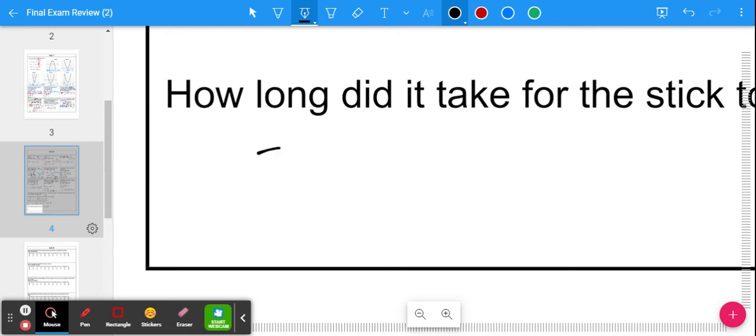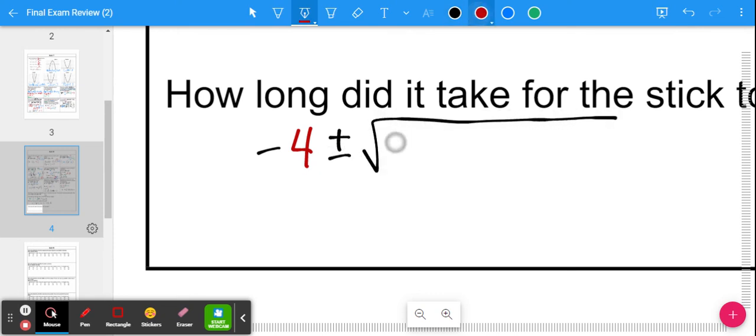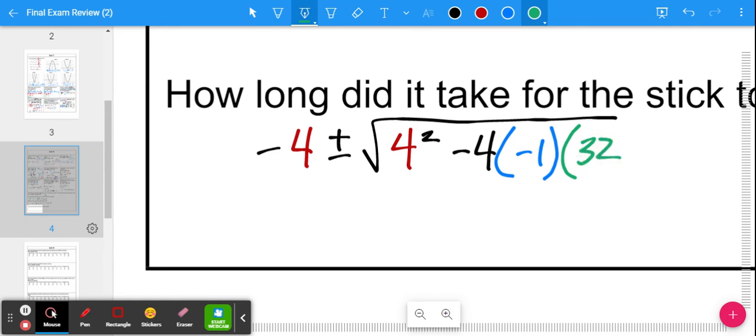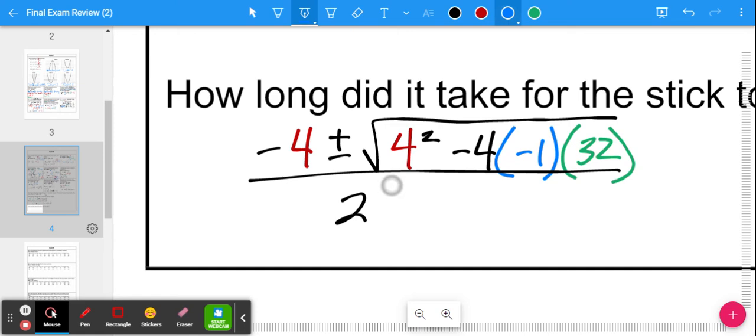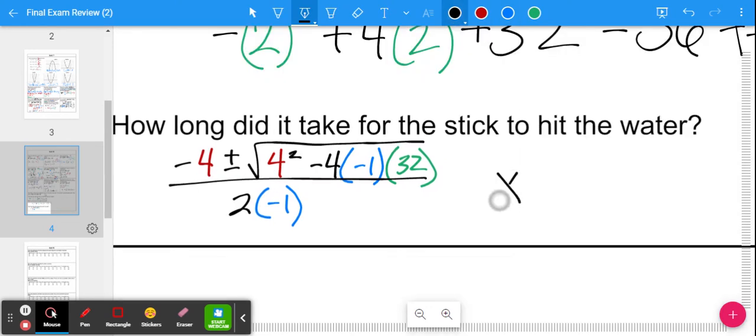So we have negative, our b was 4, plus or minus the square root of b, which is 4, squared minus 4 times a was negative 1 times c is 32, all divided by 2 times a, which is negative 1. So when you plug this into the calculator, you're going to get two answers, negative 4 and 8.